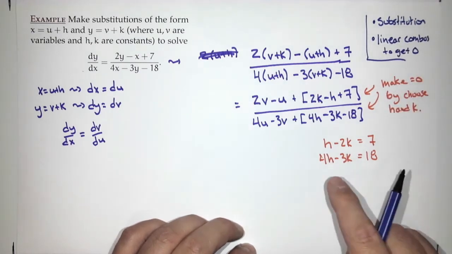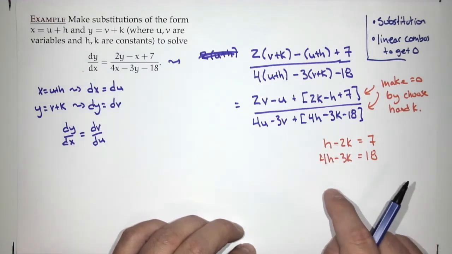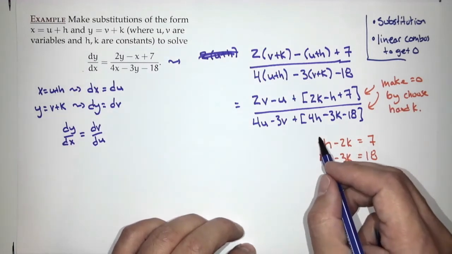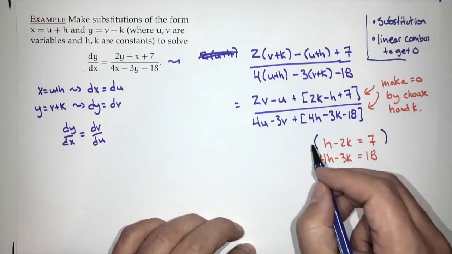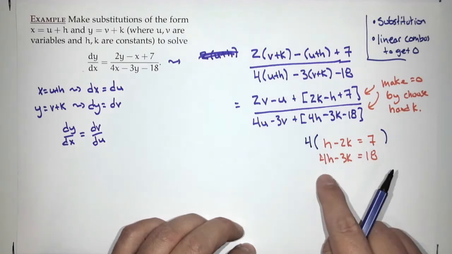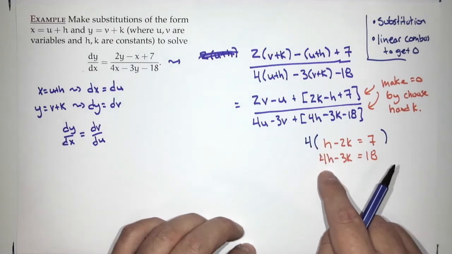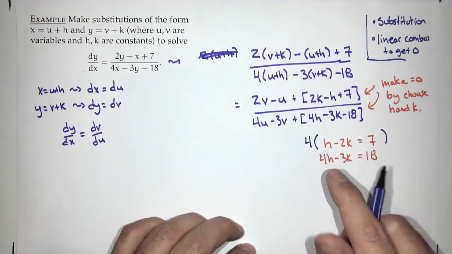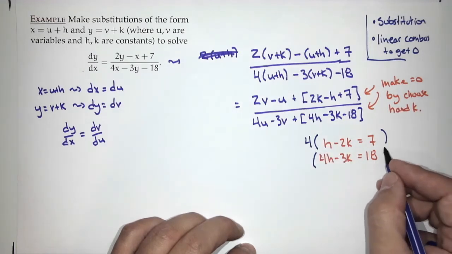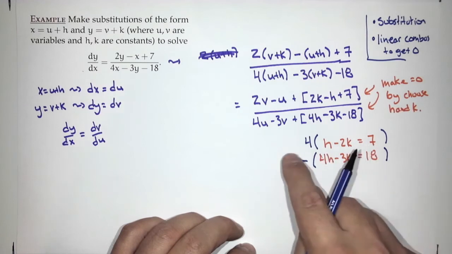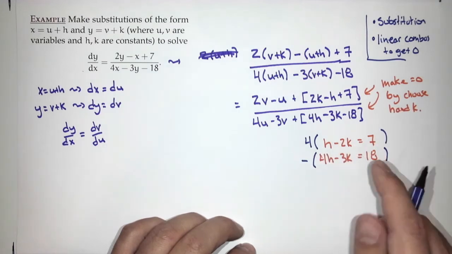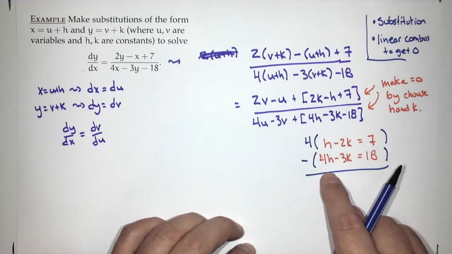In other words, we're going to say, let's combine these in such a way that we knock something out. So someone said, hey, multiply this first one by a 4. Why? Because then we have 4 h's. They're both 4 h's. And now we're going to combine them in such a way that we're going to take the first one and subtract the second one. So what happens to the h's?